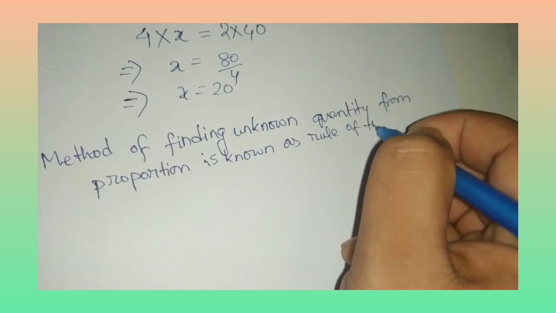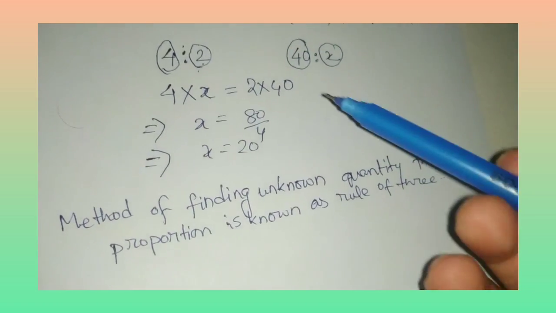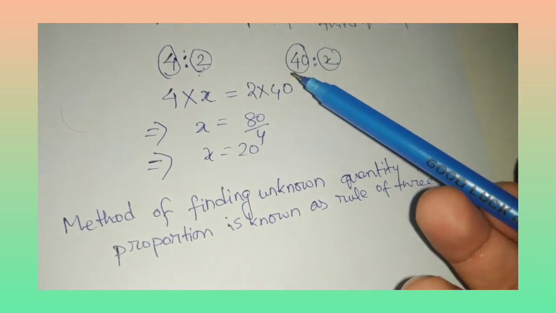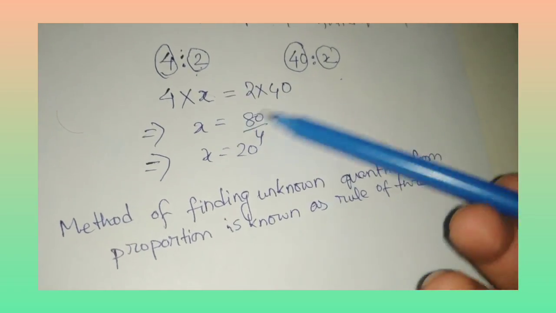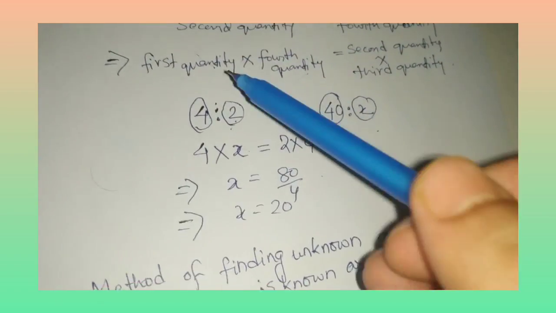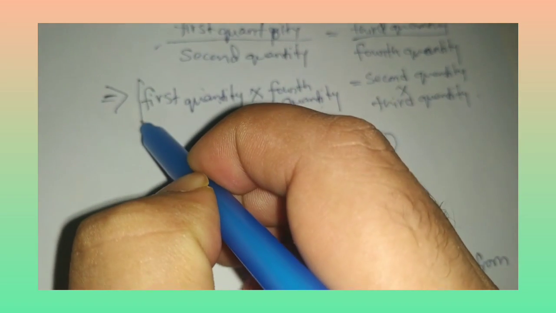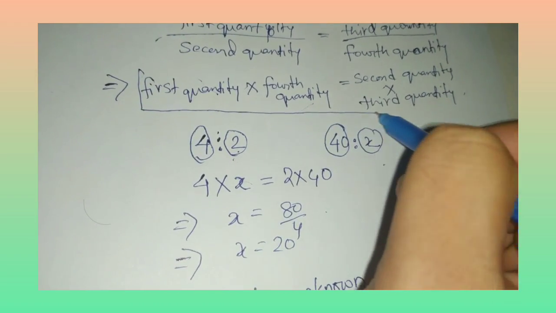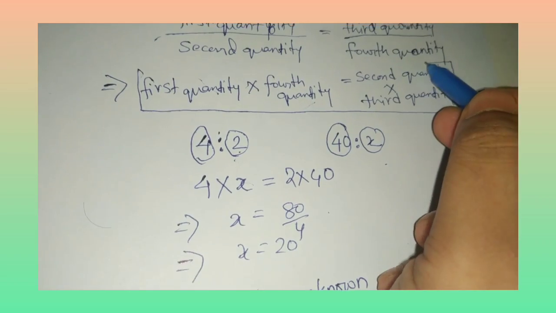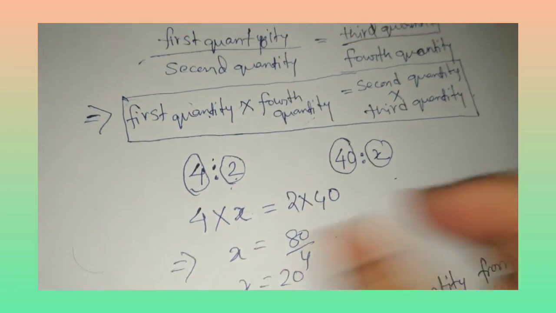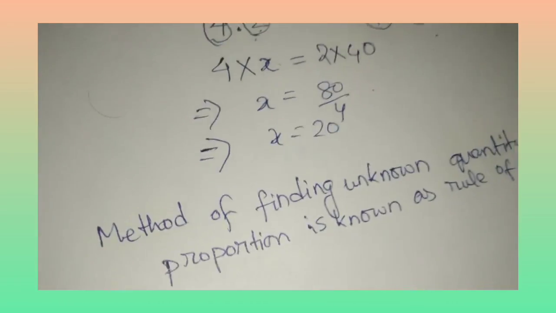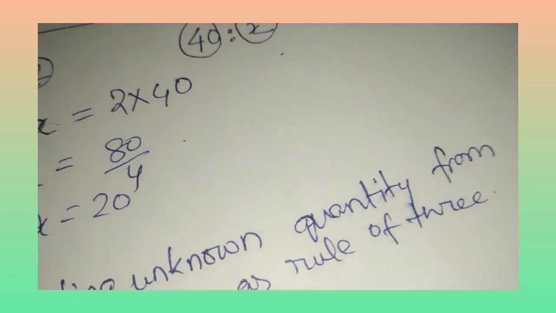So if I say that I have two ratios which are proportional and one of the quantities is unknown, we can easily find it out in this way by using this formula: first quantity into fourth quantity equals second quantity into third quantity. You will find it on page 22 of your book as well. So let's do some examples so that you can understand.